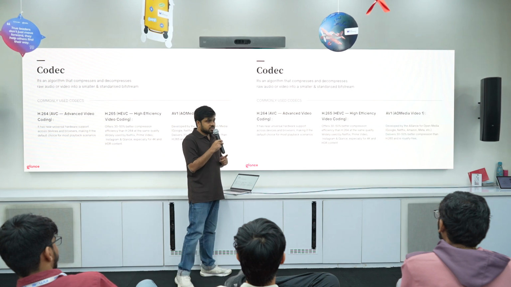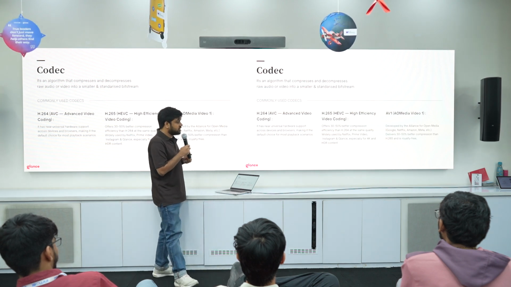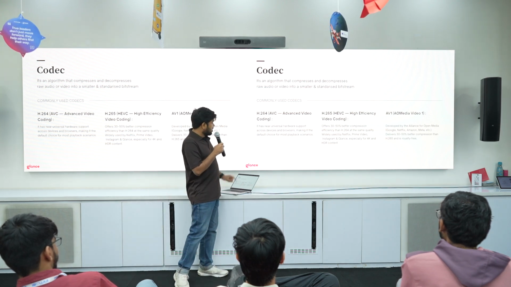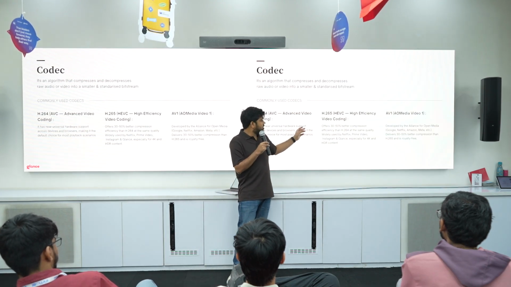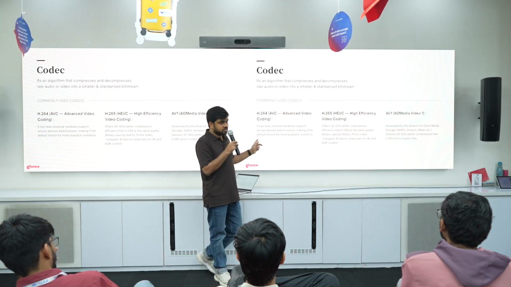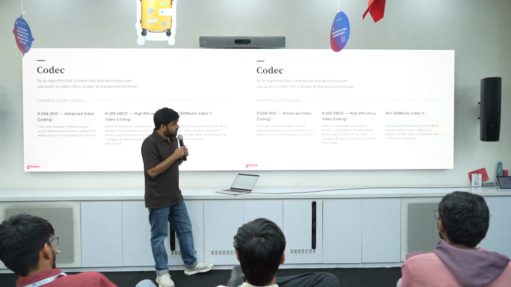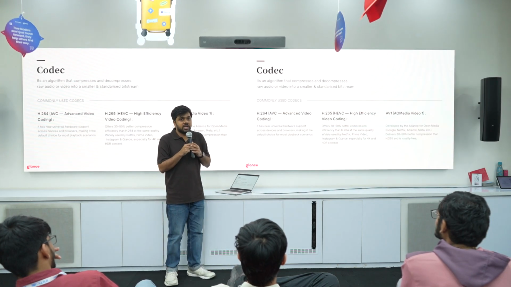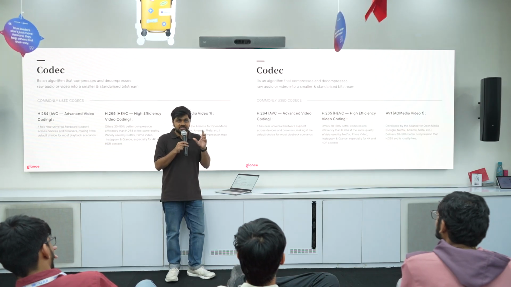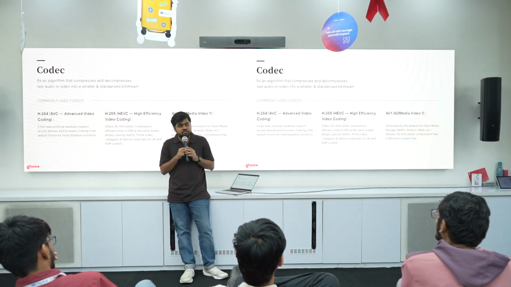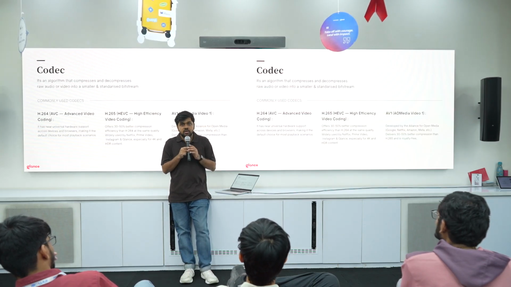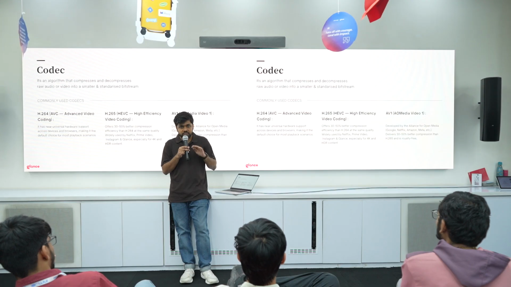The next is the H265 codec, which is called HEVC. This is the next generation codec after H264, and it gives 30 to 50% better compression optimization over H264. So what does compression optimization mean? It means we are able to compress more video into the same amount of data, which gives us a very good opportunity to save on the data usage of the customer.